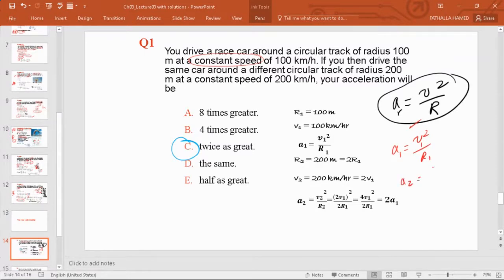A2 equals (2V1) squared over 2R1, which is 4V1 squared over 2R1. You can cancel, and it gives you 2V1 squared over R1, which is twice as great. Is this clear?